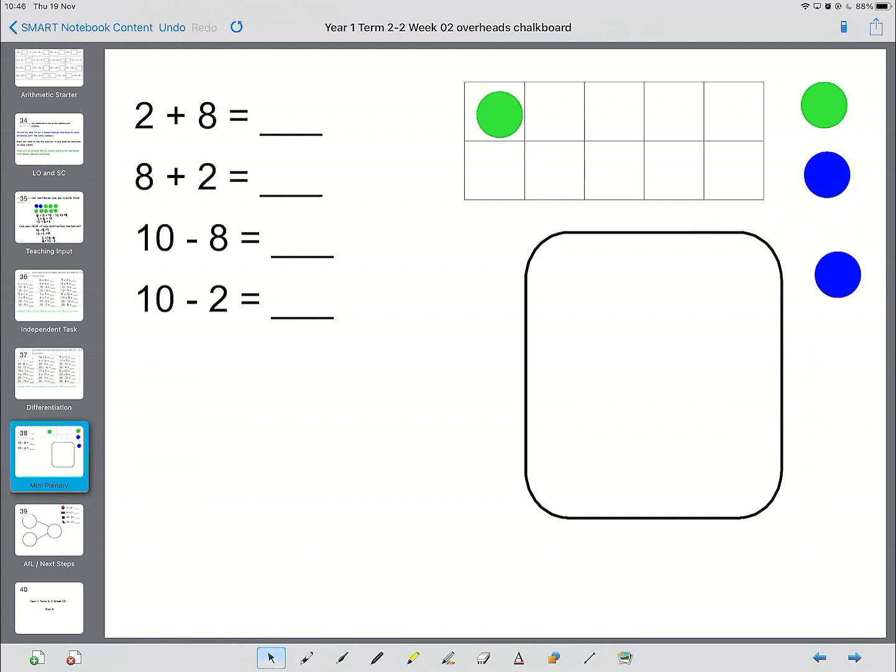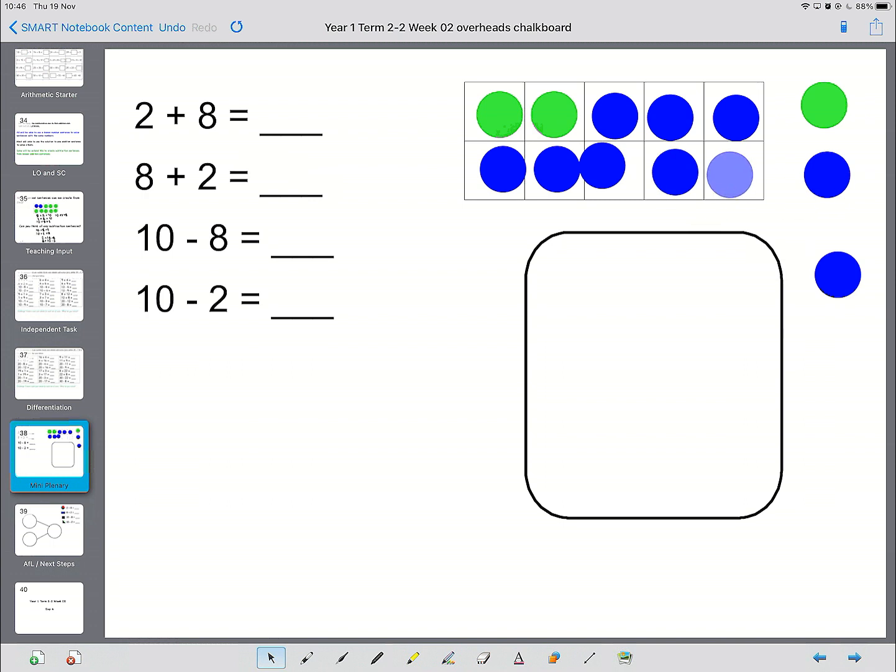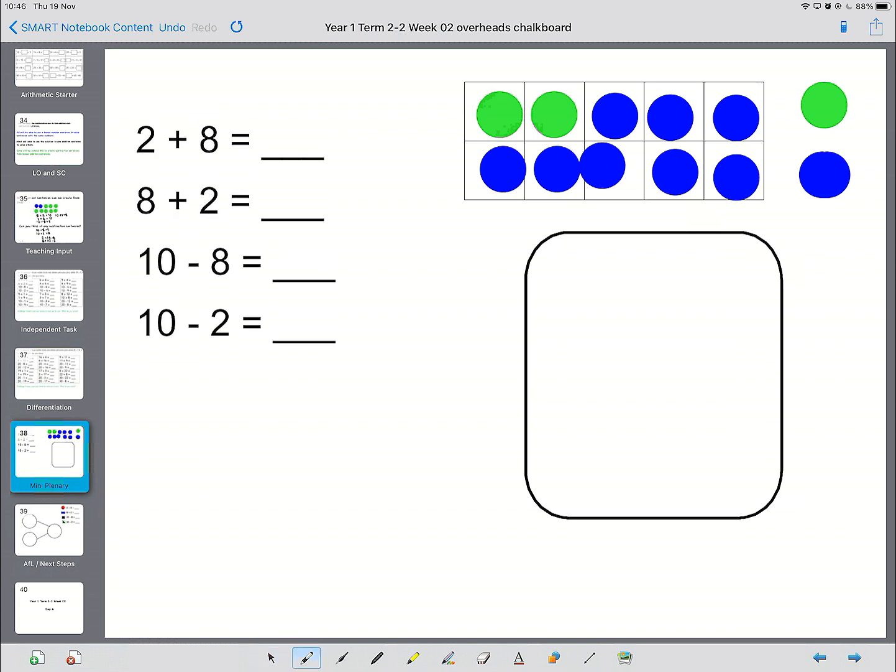So we've got 2 blue, and we've got the 8. 8 green. So how many are there altogether? Right, it's a 10 array, so it's got to be 10. Okay. And using the commutative law now, we know the answer there is going to be 10. And then we've got 10, take away the blue, so what's left? The green, which is 8, and vice versa.